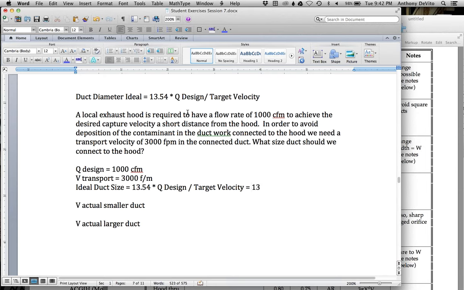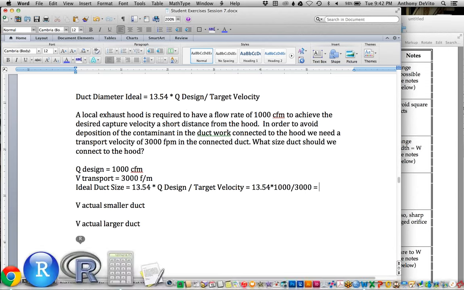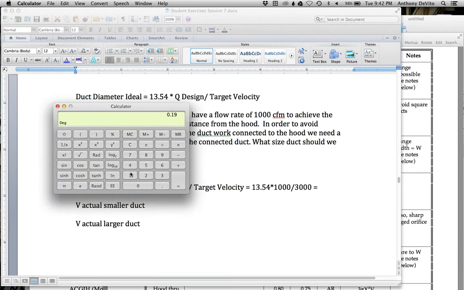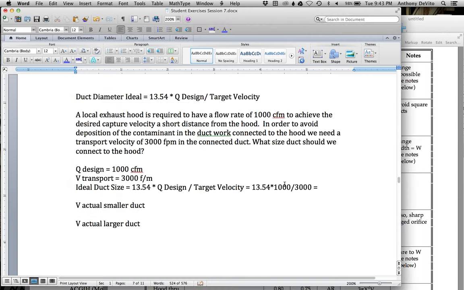It's going to be equal to 13.54 times, what's Q equal to? It's equal to 1,000 divided by the velocity, which is equal to 3,000. And what does that come out to? It comes out to 13.54 divided by 3, which equals 4.51.